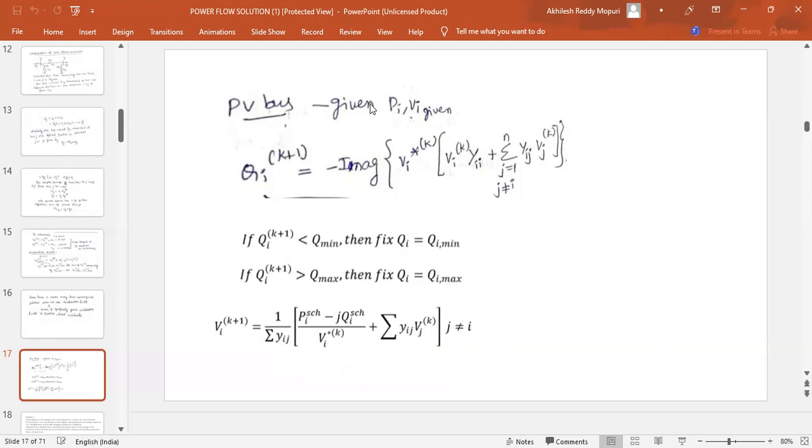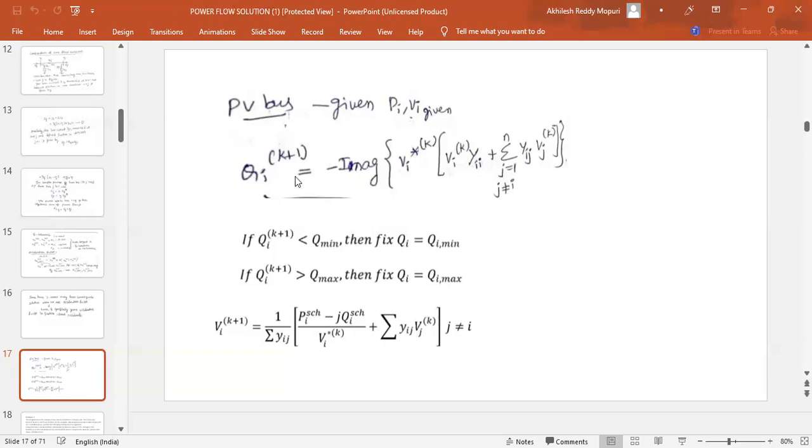First step is, by considering this voltage, you substitute this voltage in this formula and find the value of Qi. Now check whether Qi is within the range or not. If Qi is within the range of Q minimum and Q maximum, then you proceed as in the previous problem, that is, finding Pi by substituting that Qi and then again finding the real part, holding the imaginary part as it is.